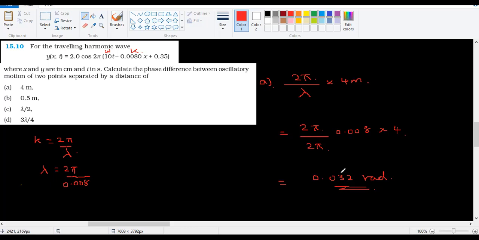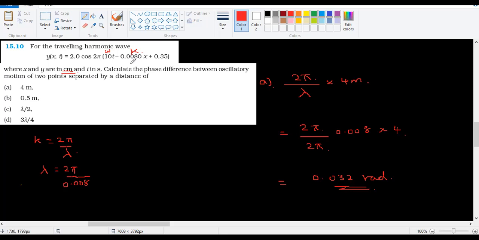Let's see if I'm making any mistakes here. They said this is in centimeters. I think this will be in meters.